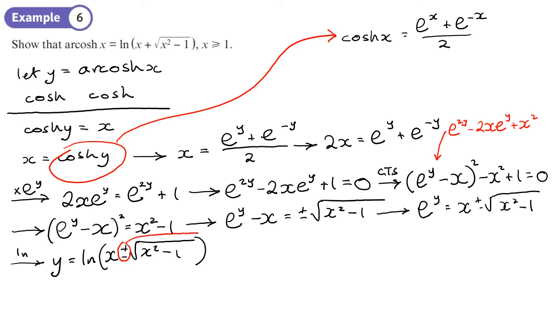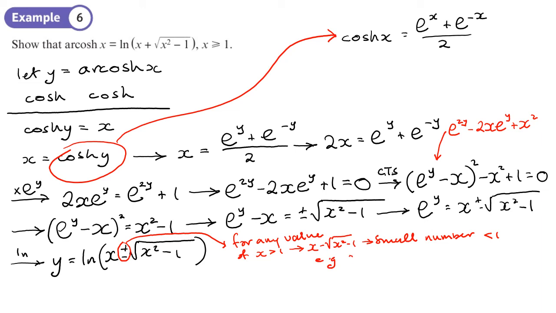Well, for any value of x greater than 1, what happens is that if you were to do x minus the square root of x squared minus 1, you always end up with a small number. Okay, you actually end up with something less than 1. Here's an example.